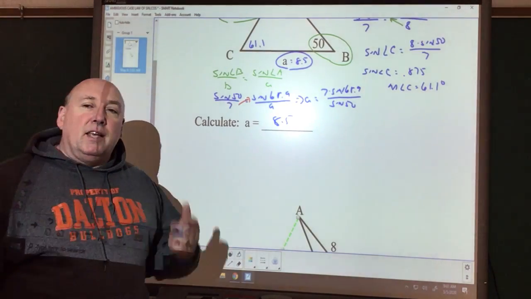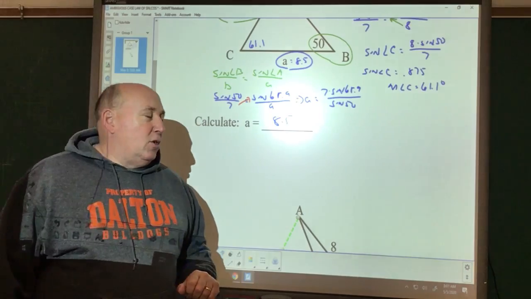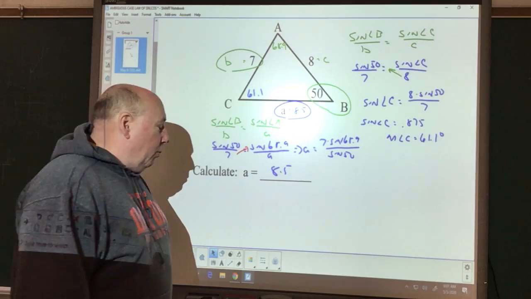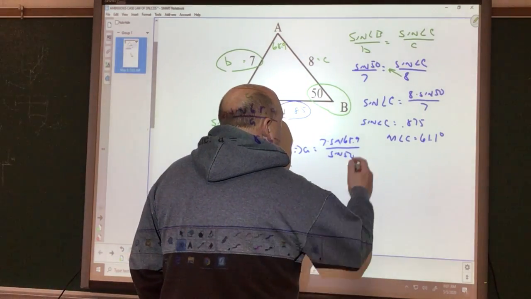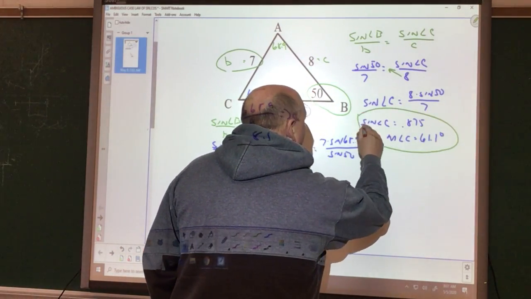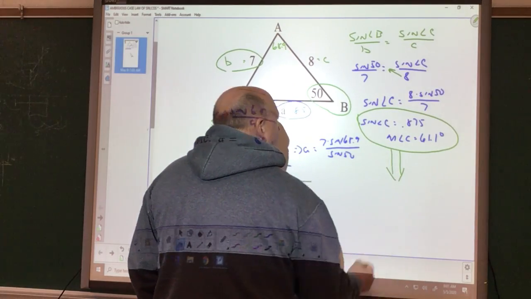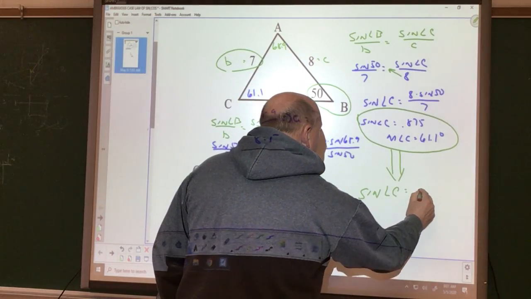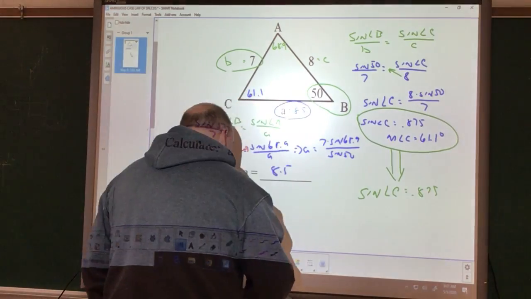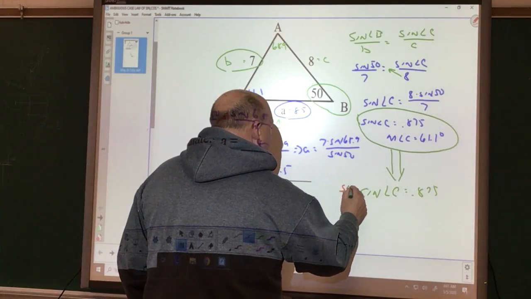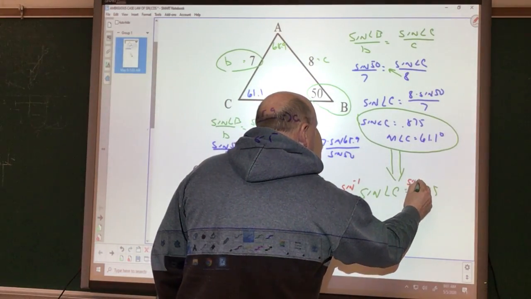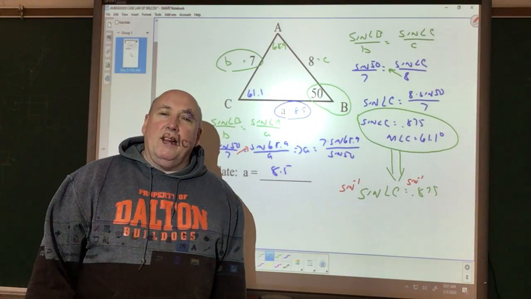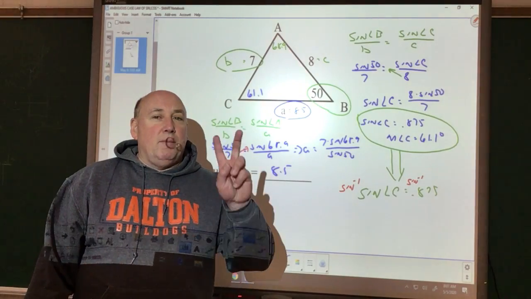Well, think back to a process when we are solving trig equations, and we're going to take a look at this step right here. We had the sine of angle C is 0.875, and to solve this, we had to take the inverse sine. When we take the inverse sine, we came down to two solutions.